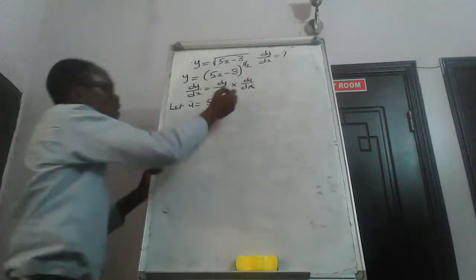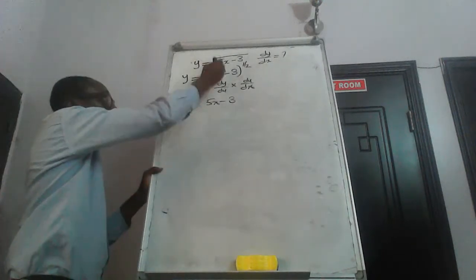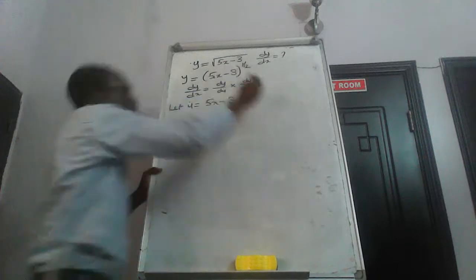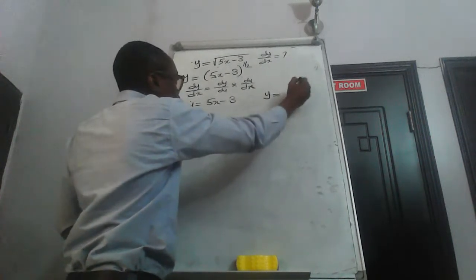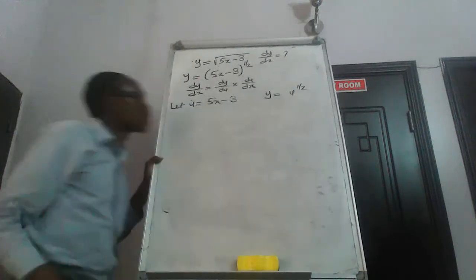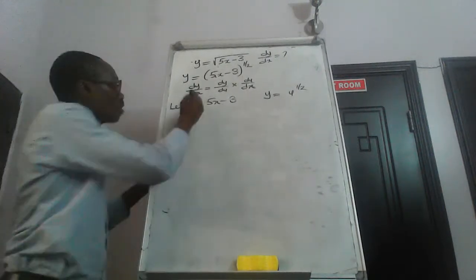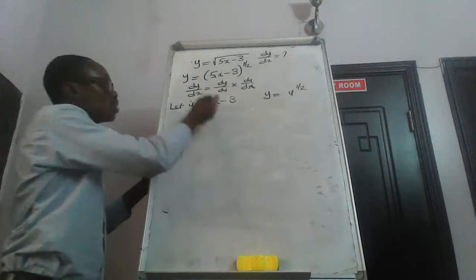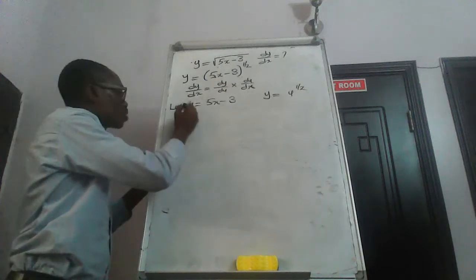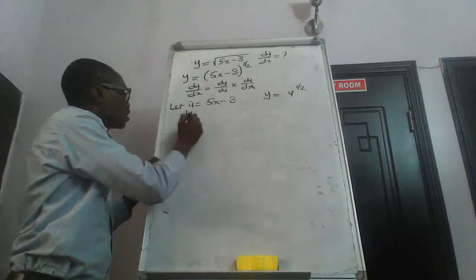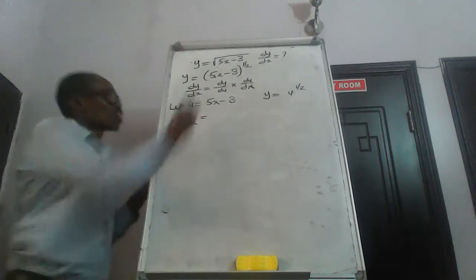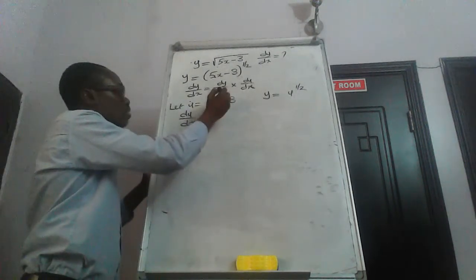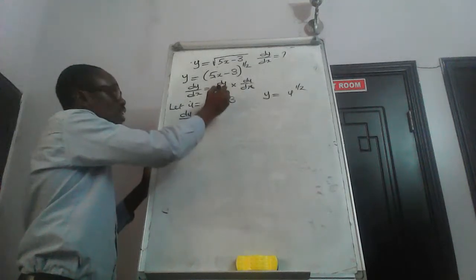If u is equal to 5x minus 3, we're going to replace 5x minus 3 with u. So y is actually equal to u raised to the power half. Now we're going to find du/dx. So we have du/dx is equal to 5x, the power here is actually 1.